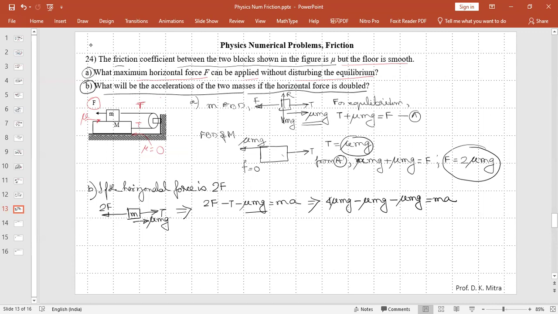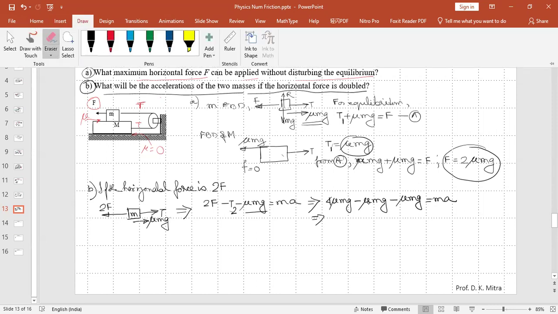This is for first block. I'm sorry, let us put it this way, say this tension is T1 in the earlier case, in this case this tension is T2.